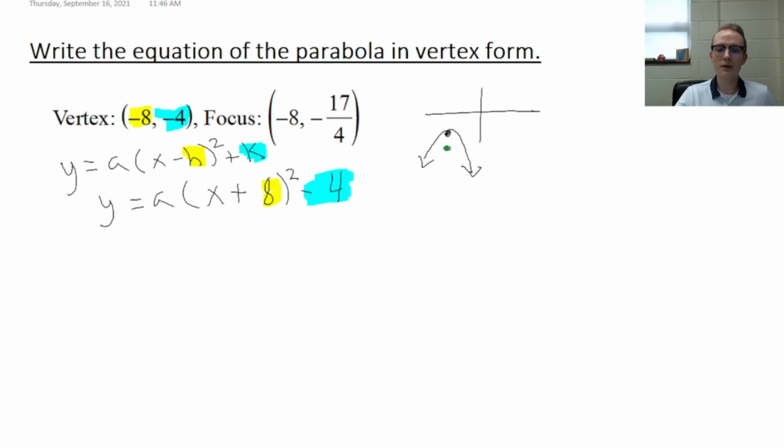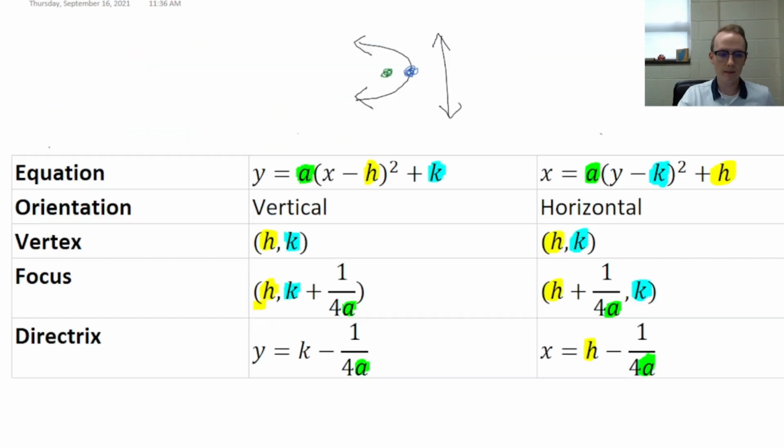And remember, a is used to find the coordinate of our focus and or our directrix. Okay, our focus is 1 over 4a units away from the vertex.